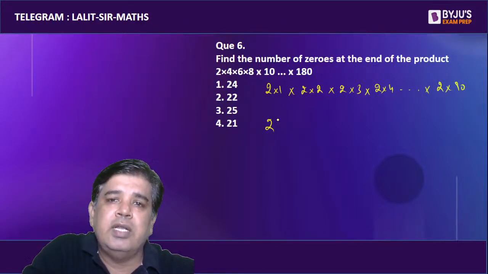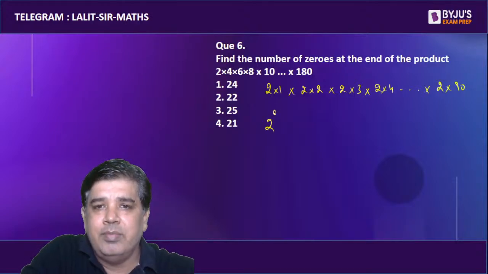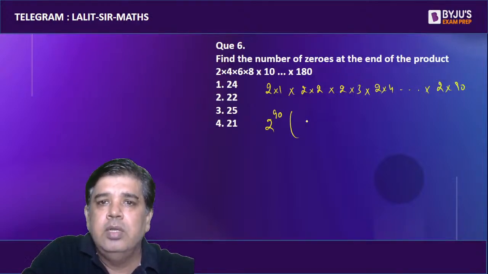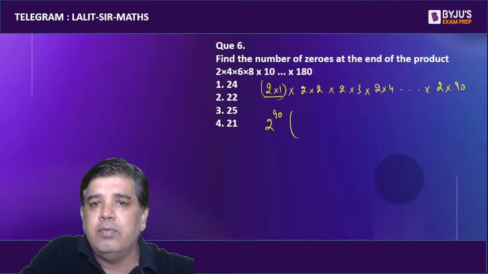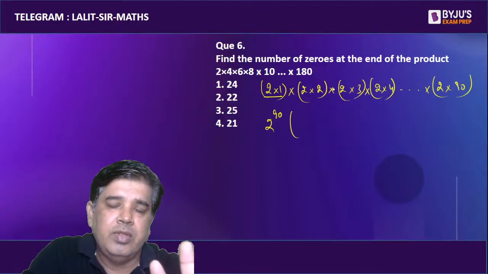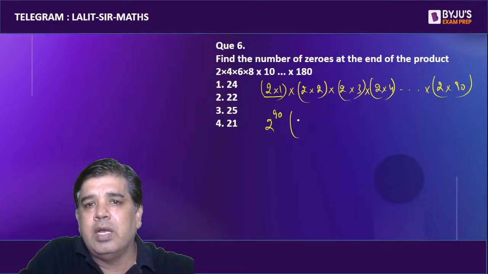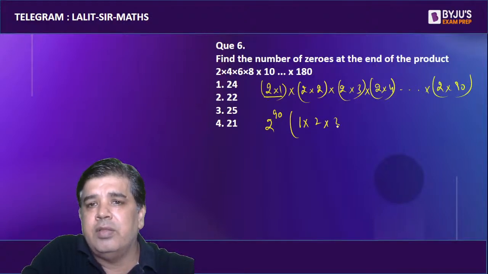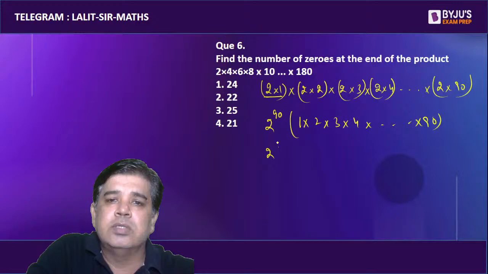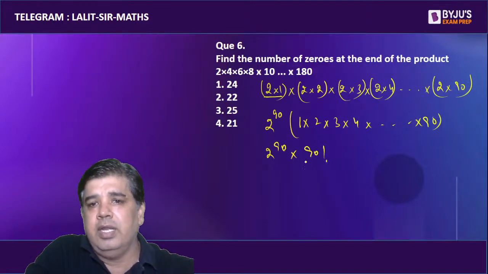So 2 is there 90 times. Take this 2 out from every number: 2 into 1, 2, 3, 4 and so on up to 90. So 90 times 2 will come out, and we are left with the product, which is 90 factorial, right?